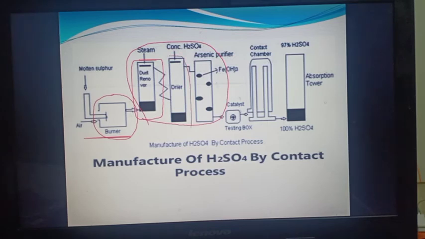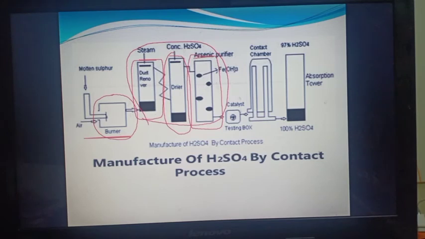Now the next part is the drying tower. Over here moisture carried by the gases from the scrubber is removed by concentrated H2SO4, and this tower is packed with coke. Then it gets transferred to the arsenic purifier.